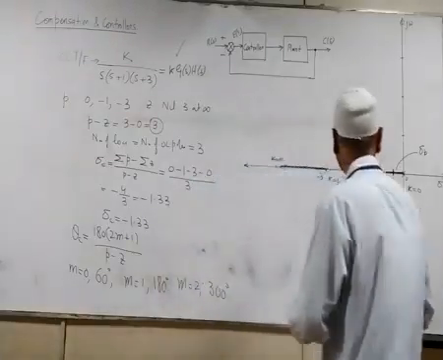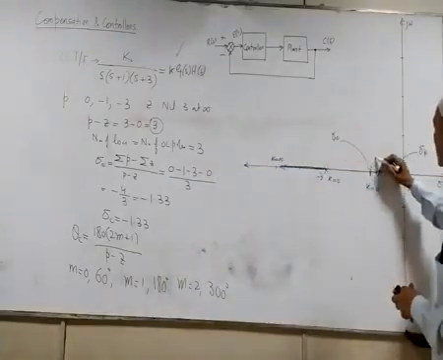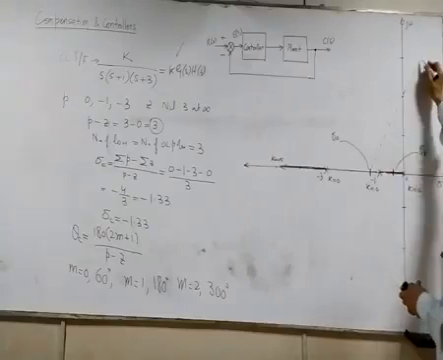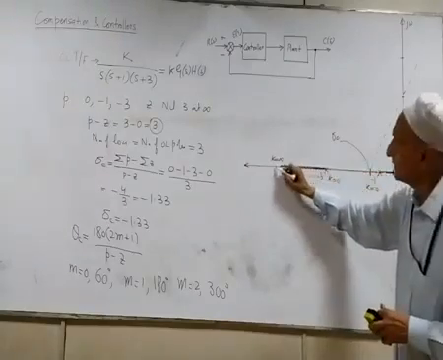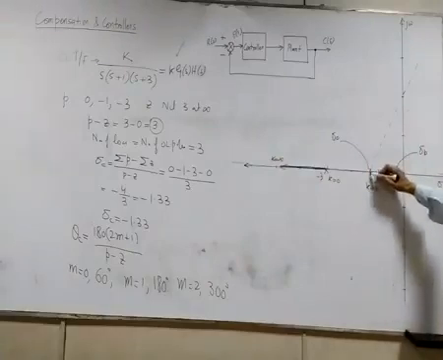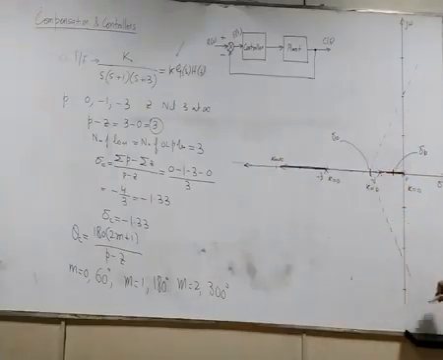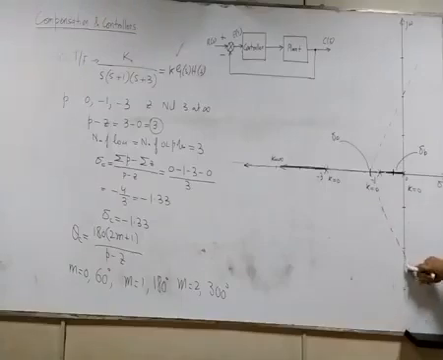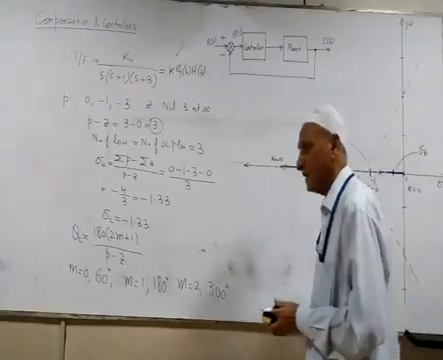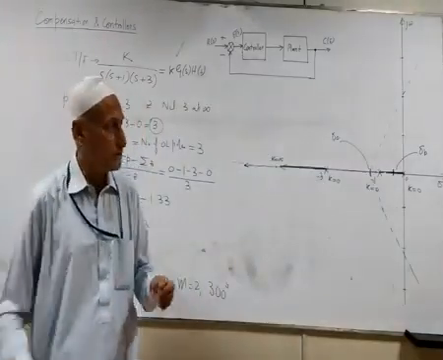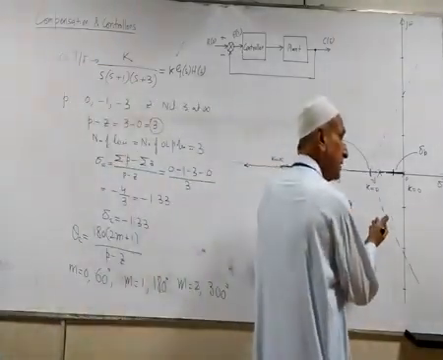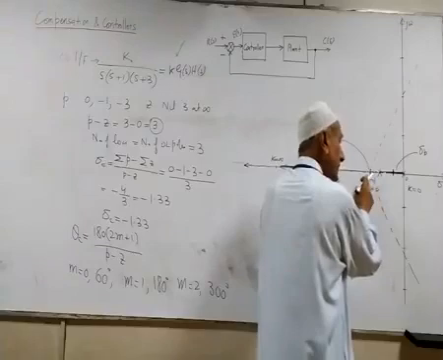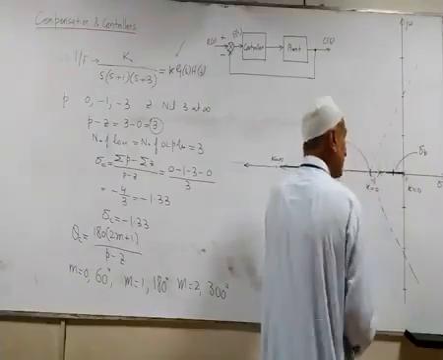Now if we draw these angles, this one is 60, this one is 180, and this one is 300. So we have 3 angles for asymptotes, and we can draw the asymptotes accordingly, selecting the center which we have, and then the angles.